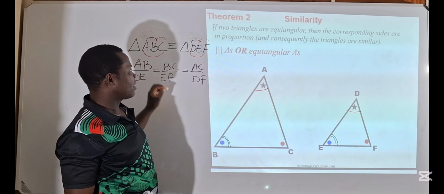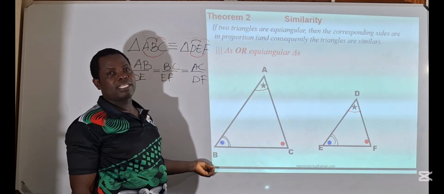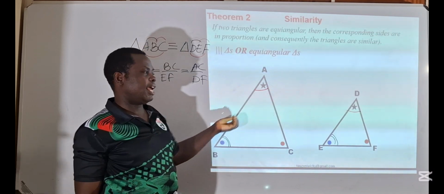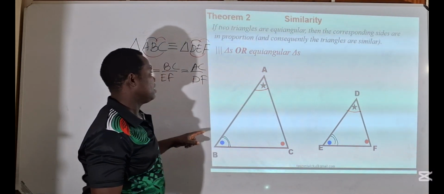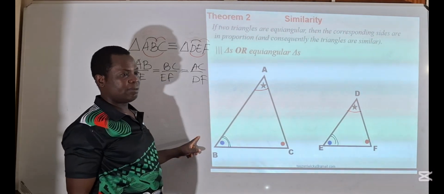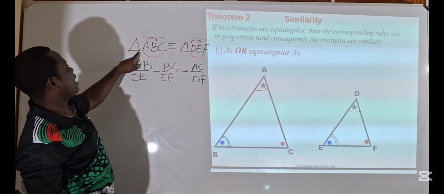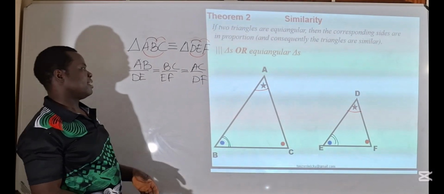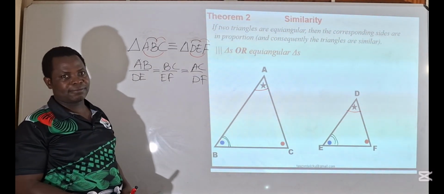But for now, let's just be clear that the angles in one triangle are equal to the angles in the next triangle. Therefore, the first triangle is similar to the next triangle. Therefore, the sides of the triangles are in the same proportion. That is what the similarity says.